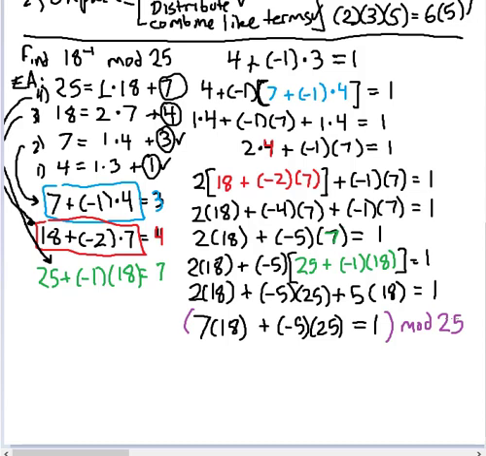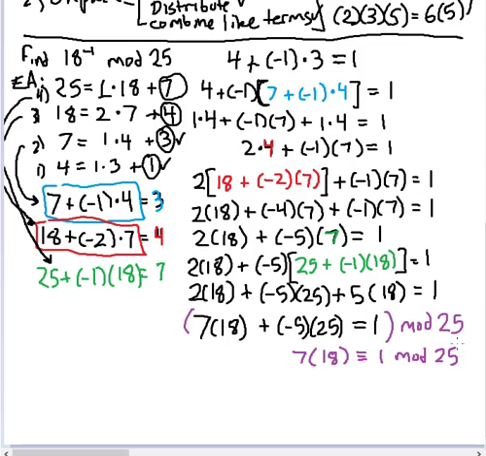Well, like I said, 25's are 0, so you have 0 times -5 is 0, who cares? The only thing I'm left with is 7 times 18 is congruent to 1 mod 25. Okay. Well, you should be jumping for joy.